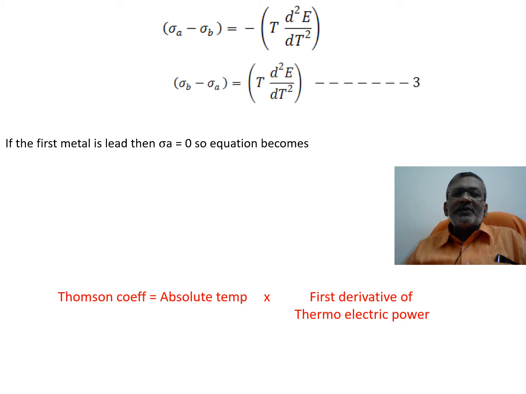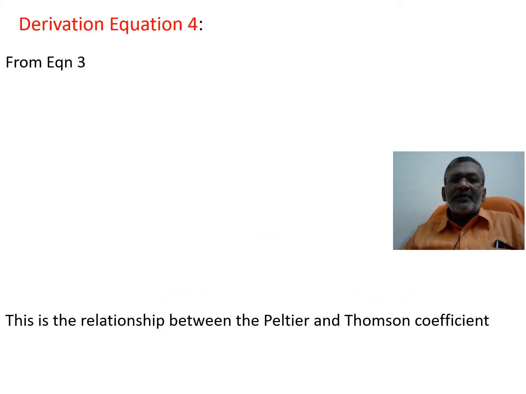If we remove the negative sign, σb − σa is equal to T d²E/dT². Suppose metal A is taken as zero for lead, our equation becomes σb = T d²E/dT². So σ is called the Thomson coefficient, T is the absolute temperature, and d²E/dT² is the derivative of thermoelectric power. Therefore, the Thomson coefficient is the product of absolute temperature and the first order derivative of thermoelectric power.